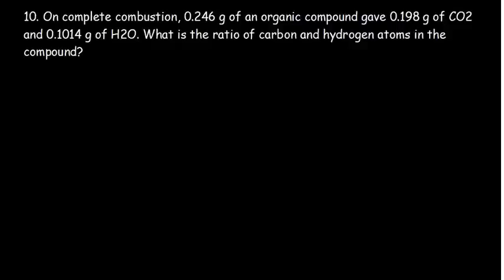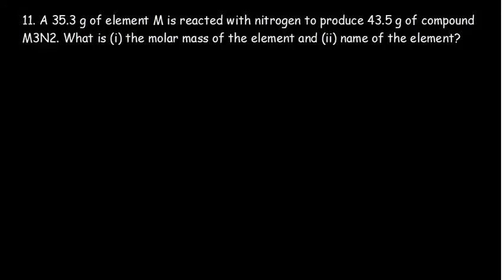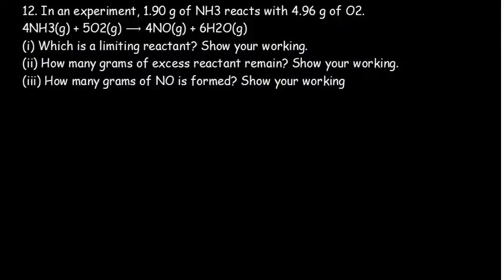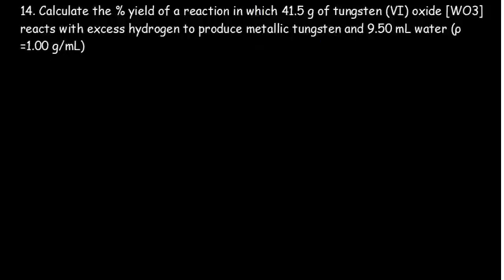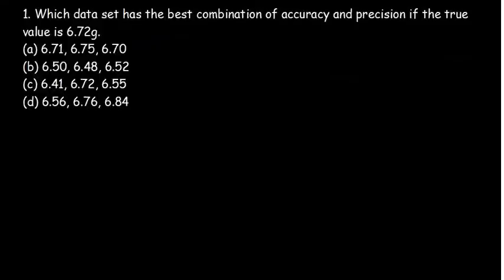So then we'll look at combustion analysis, we'll look at formula again, basic stoichiometry and isotopes, percentage yield and whatnot. So question 1 is based on the accuracy and precision.